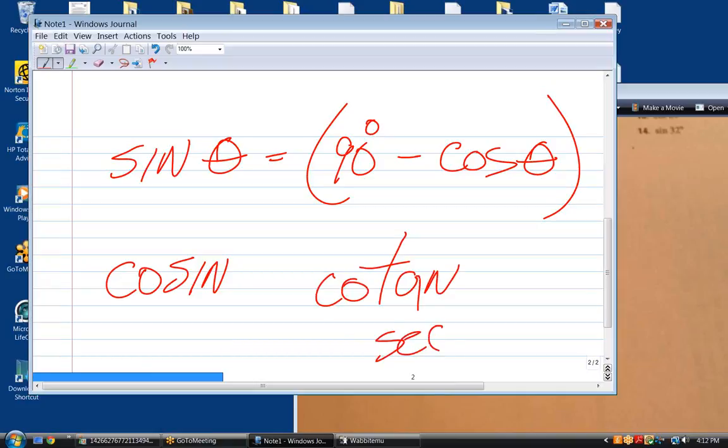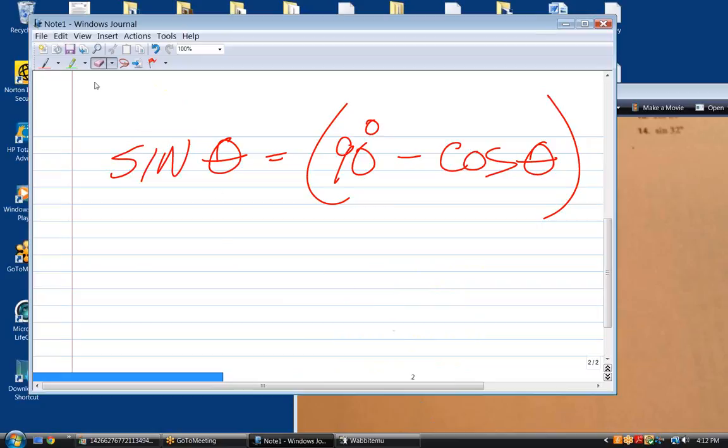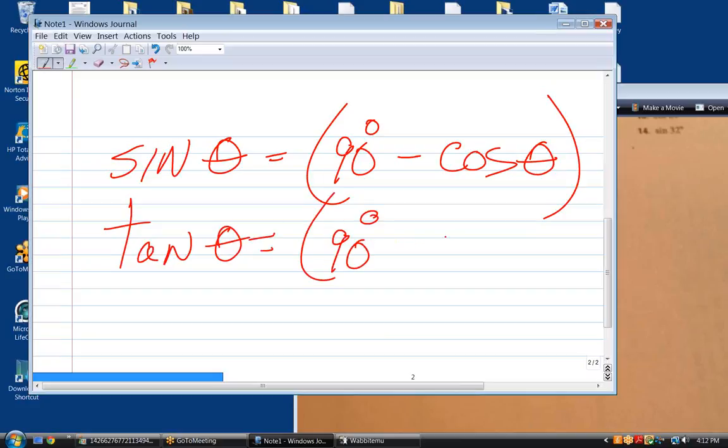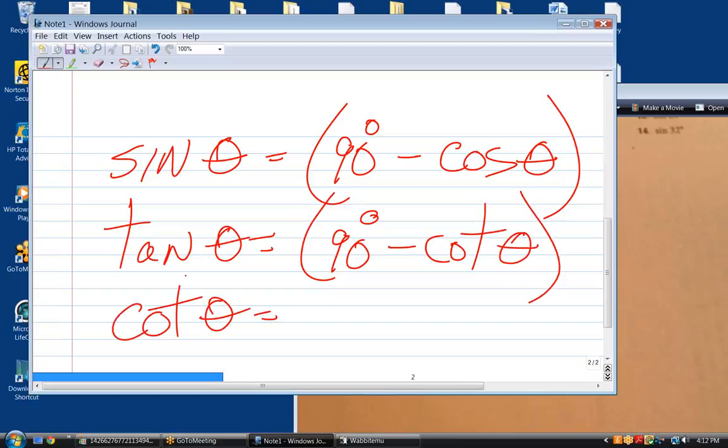And secant becomes cosecant. So those are the cofunctions. And the cofunction properties are, and vice versa. In other words, cotangent of theta equals 90 degrees minus tangent of theta.